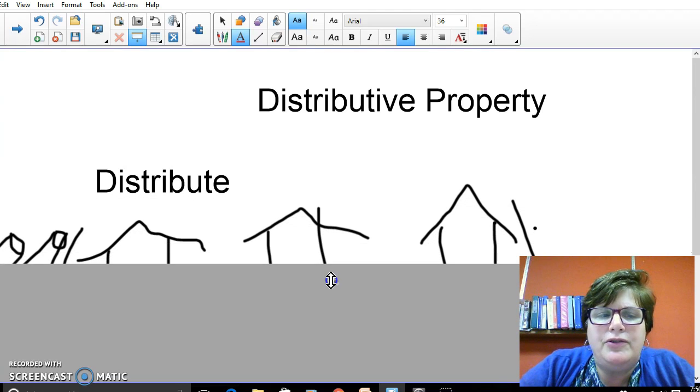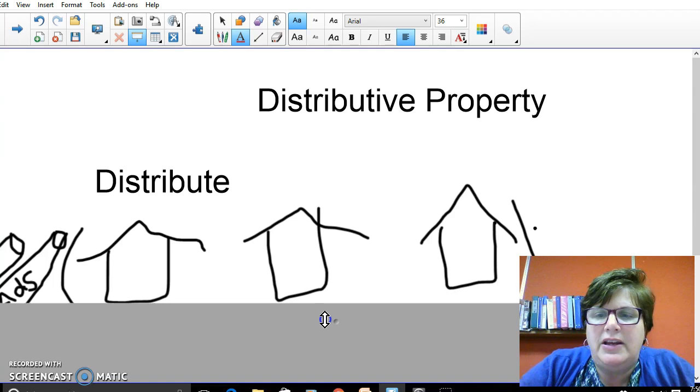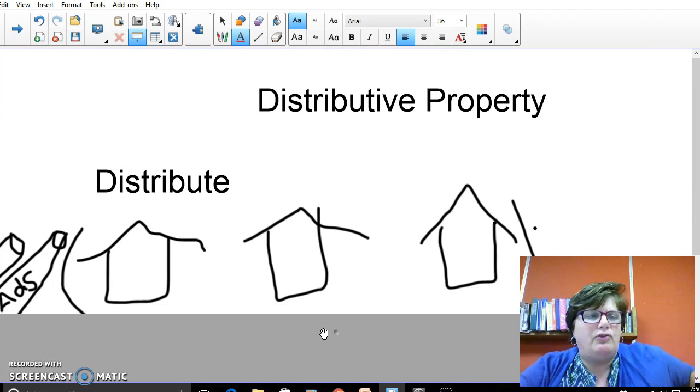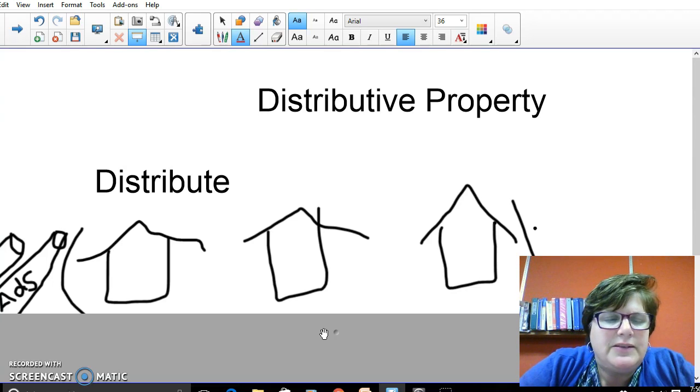So let's look here. Let's say that you had a newspaper route, and pardon my drawings. Let's say that every day you had two things you had to deliver to these houses on the block. Every house got one paper of ads and one of the newspaper.